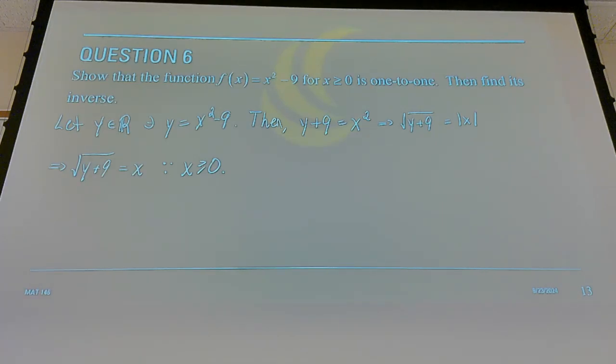That leaves us with the square root of y plus 9 for x. Which means our inverse would be the square root of x plus 9.